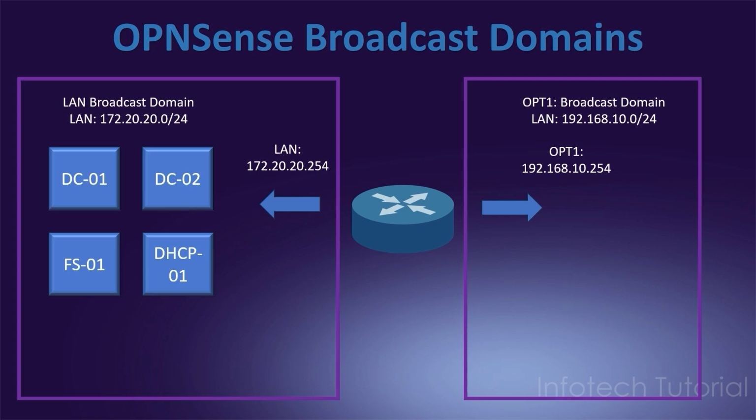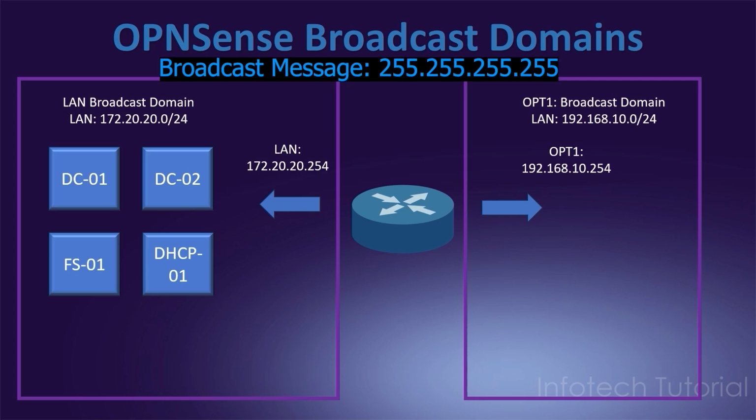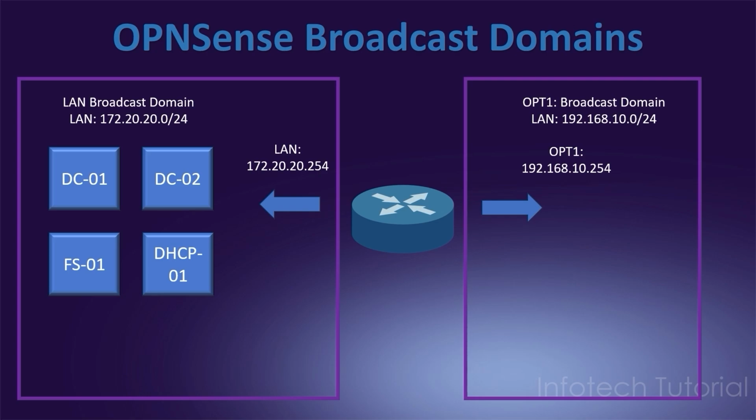So devices on the 172.20.20.0 network can only send broadcast messages to those devices on the network. And just so you're not confused, broadcast messages come in the form of 255.255.255.255. Other devices on this network will receive it, but the routers will discard it.